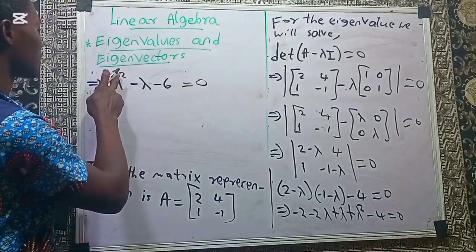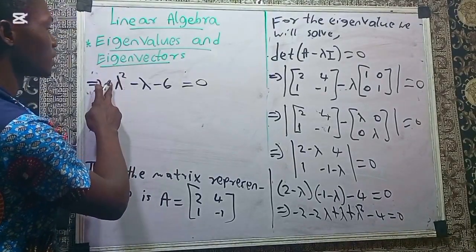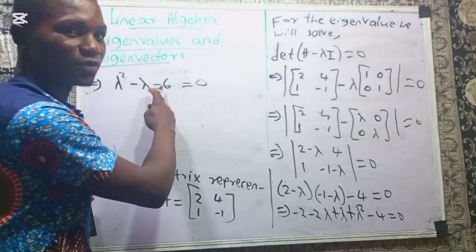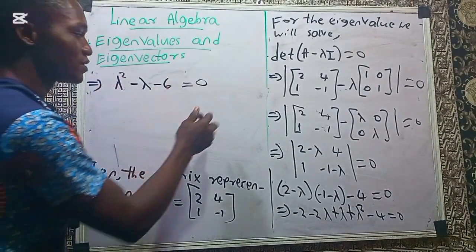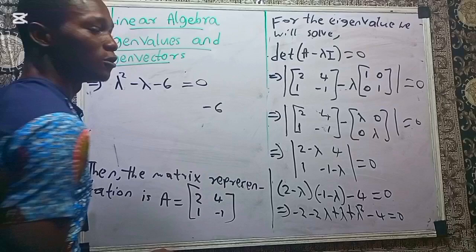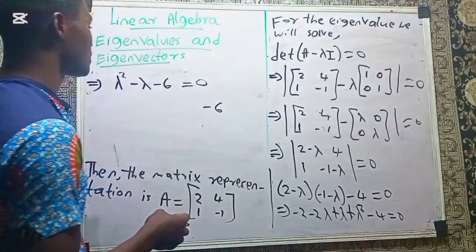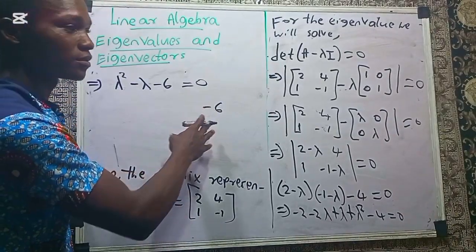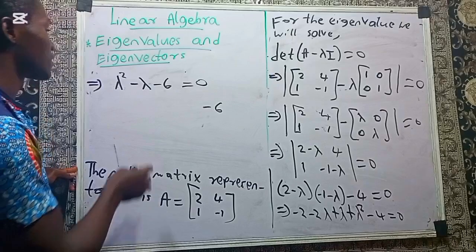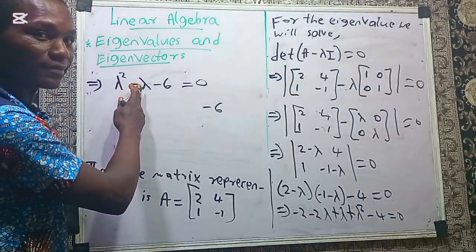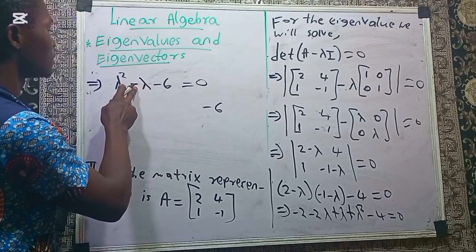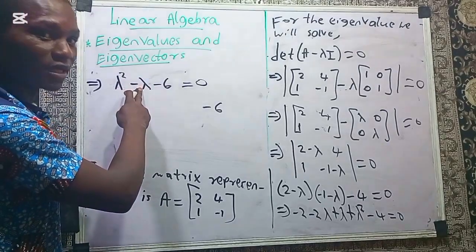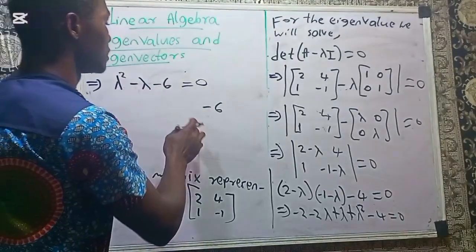That's the coefficient of lambda with power 2, which is 1. Use the coefficient to multiply the constant term. The constant term is negative 6. So 1 multiplied by negative 6 will give you negative 6. Look for the two factors of negative 6 such that the product will give you negative 6 and the sum will give you the coefficient of the middle term. The coefficient of the middle term is this term with lambda. So what's the coefficient? Negative 1.